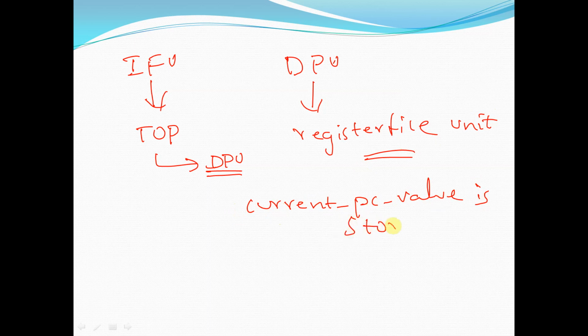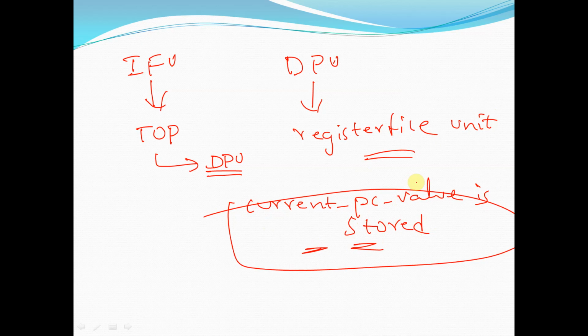So this is how we are incrementing the program counter by the immediate value, and we are storing the previous program counter value in the register file. Okay, so this is how we are going to execute the jump instruction.